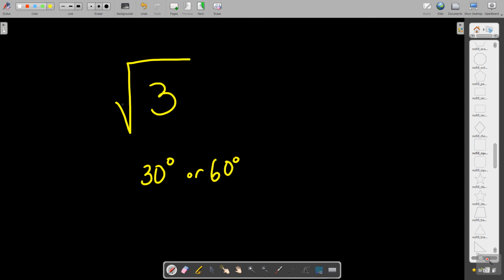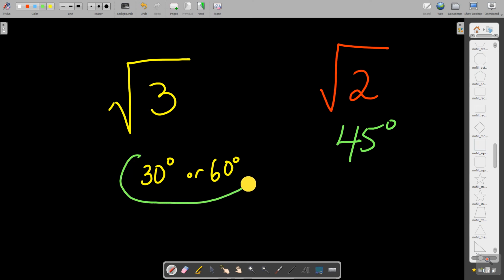That's a little helpful note here. Let me go to red. When you see the square root of 2, that means you're dealing with a 45 degree reference triangle. You just have to know how to draw them to know which one's the 30 or the 60. You have to decode the rest of that information there.